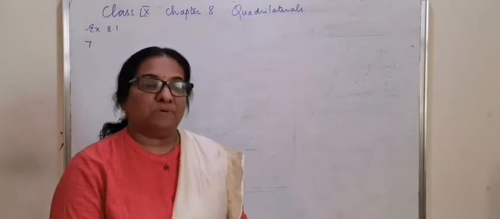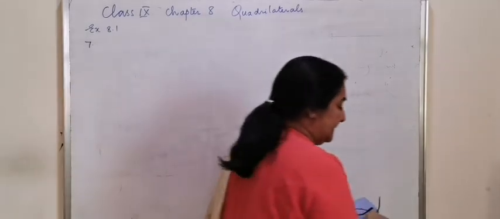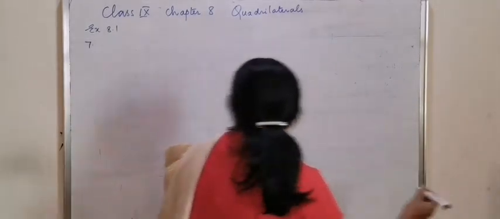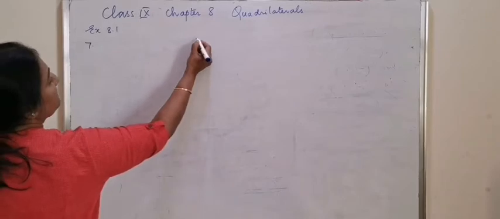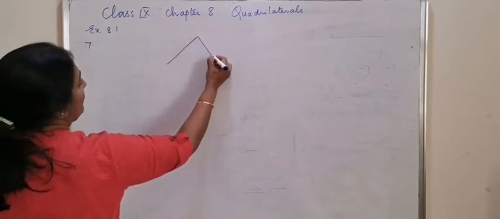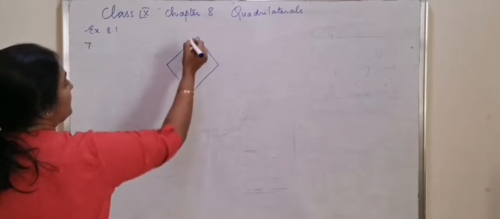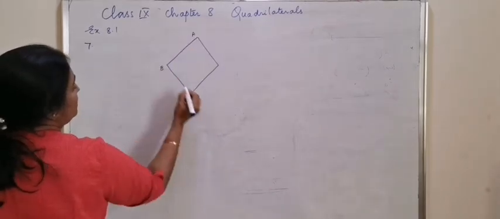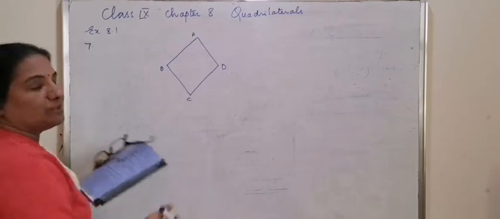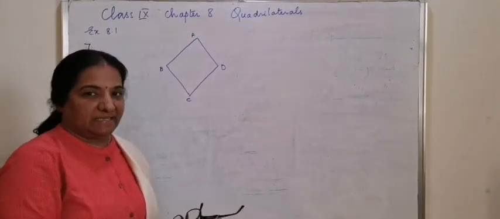ABCD is a rhombus. So it's given that ABCD is a rhombus. Normally we draw the rhombus in this shape to make it very clear that the diagonals of a rhombus bisect at right angles.